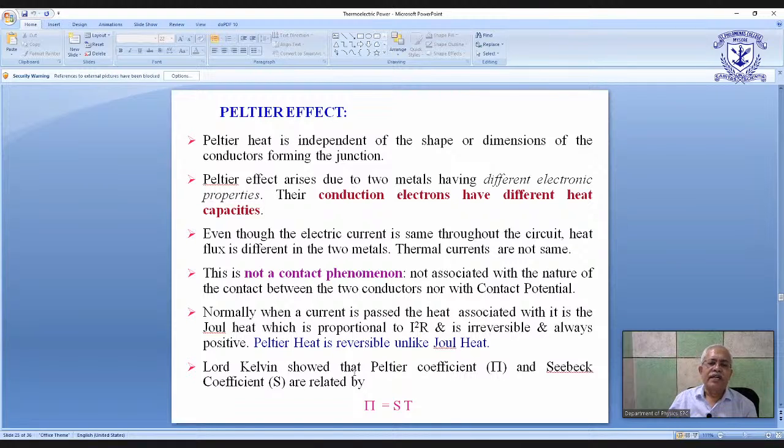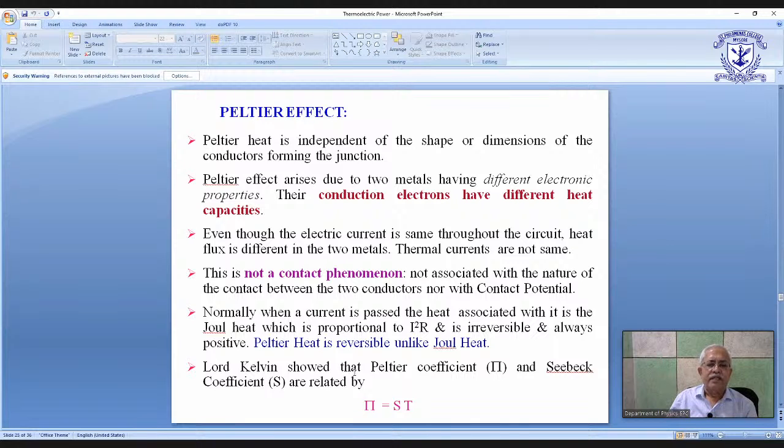So either the junction will throw out heat or it will absorb heat. It is to be noted, detailed experiments show that this is not due to any contact phenomenon or contact potential. It is more due to different heat capacities of the conduction electrons in the two materials.